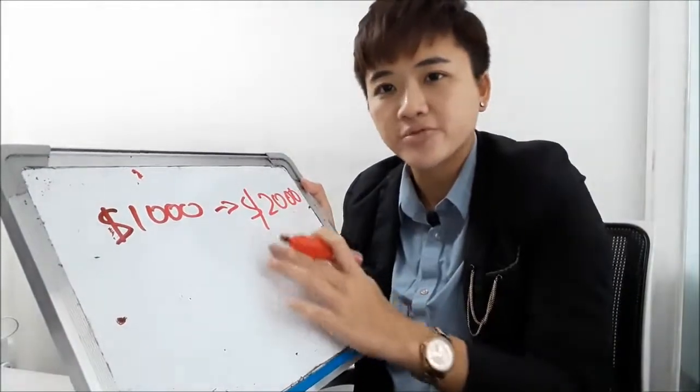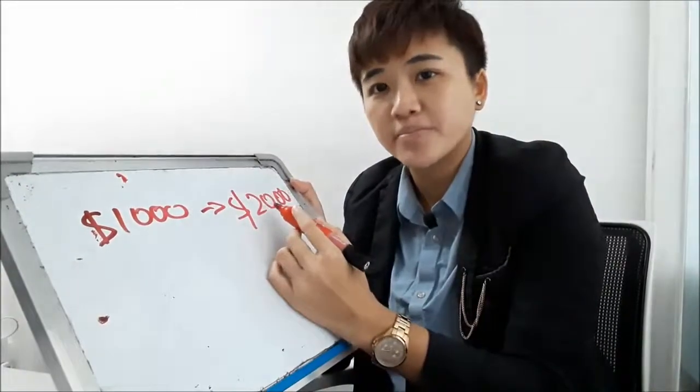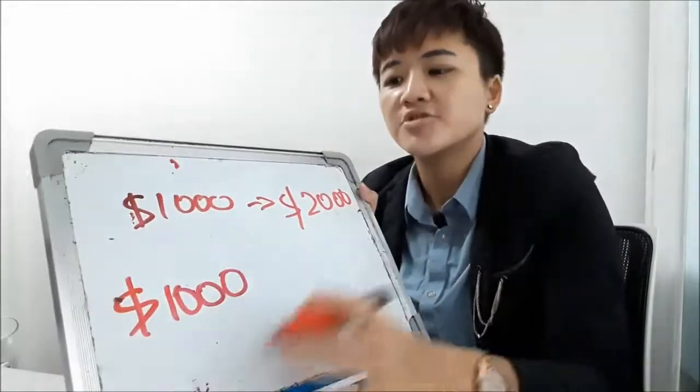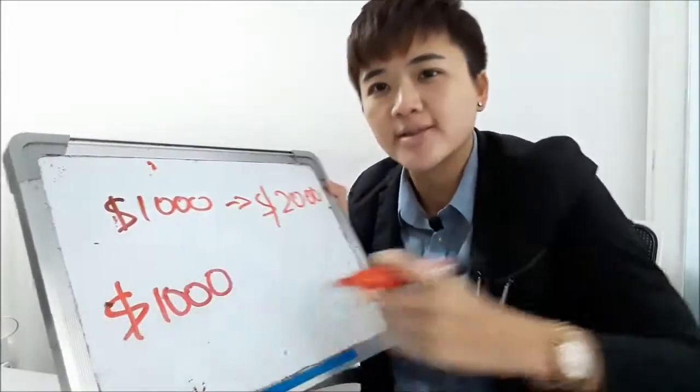I need you to withdraw this $1,000 profit and put it in another new broker, so that the money you're trading with right now is in a sense free money. When you're trading with free money instead of hard-earned money, it's going to be easier for you to make money. It's going to be easier for you to control your psychology. So to put it simply, don't put all your eggs in one basket.